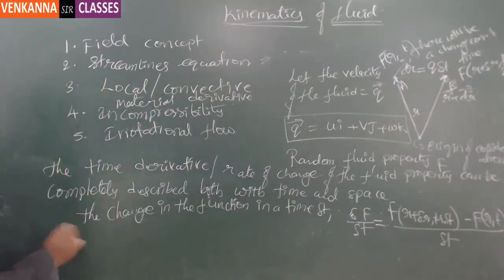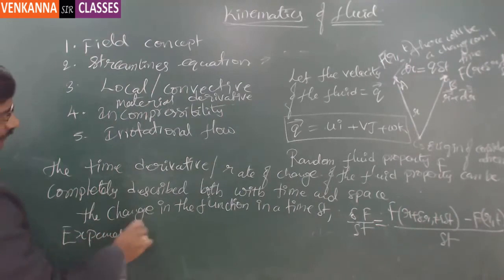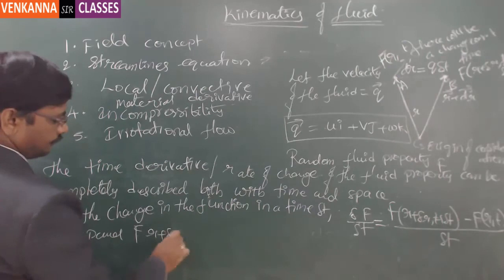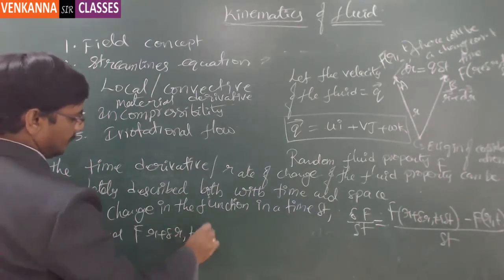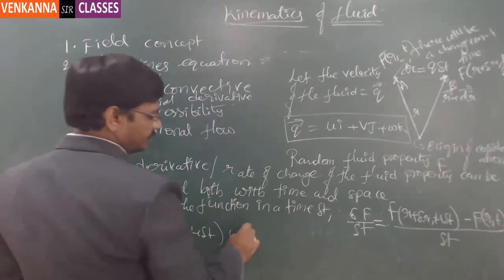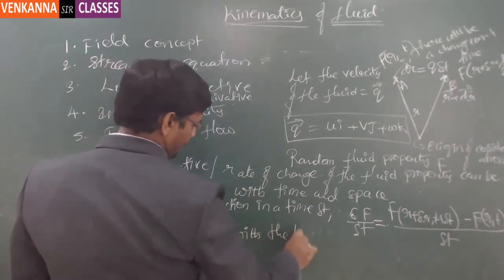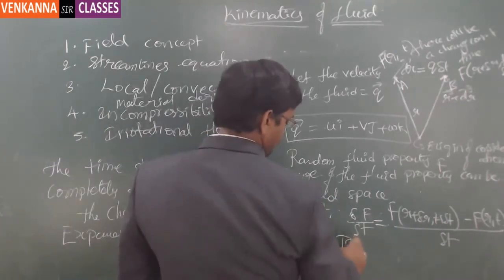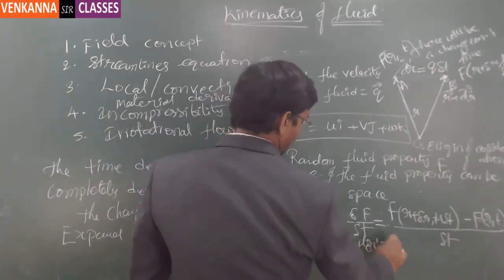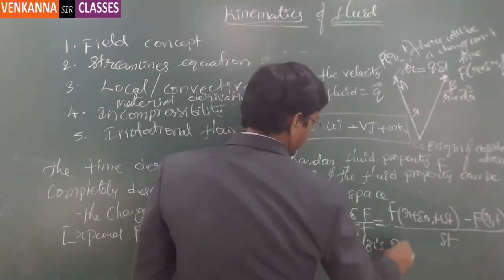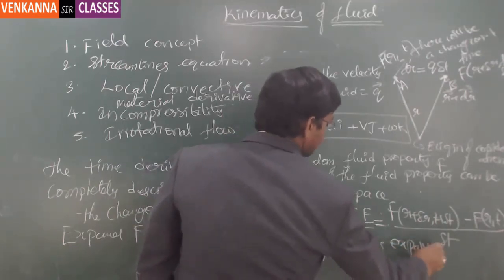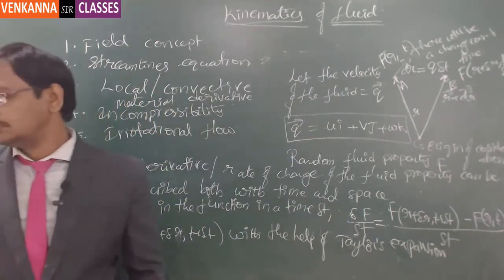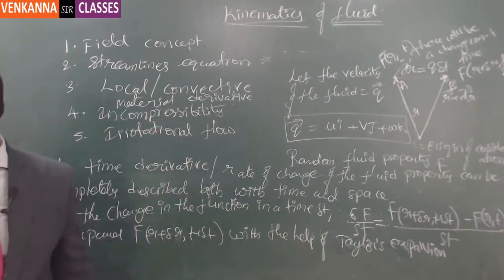Now expand f of r plus delta r comma t plus delta t with the help of Taylor's expansion. So can you note down till this point?